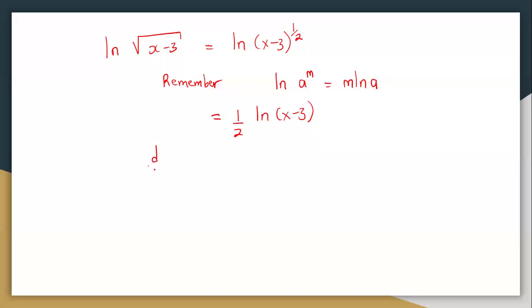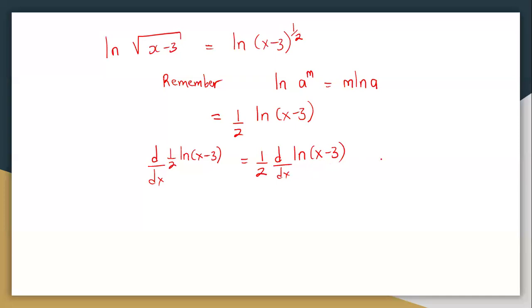So I can say d dx of a half ln of x minus 3. Here, what I can do is factor out the half, then I remain with d dx of the ln of x minus 3.